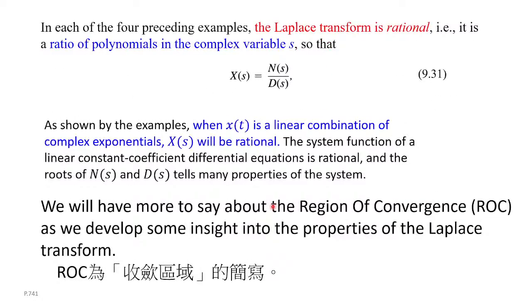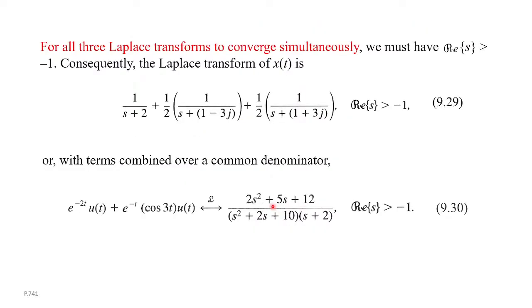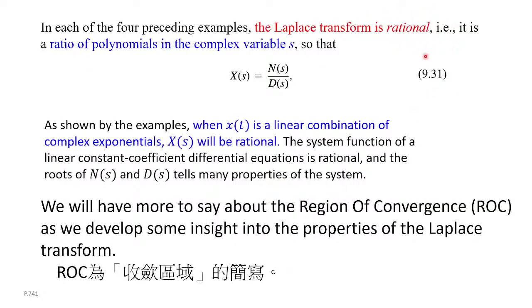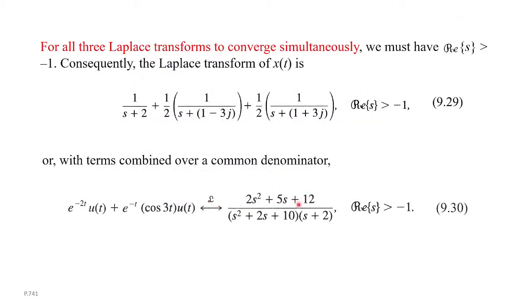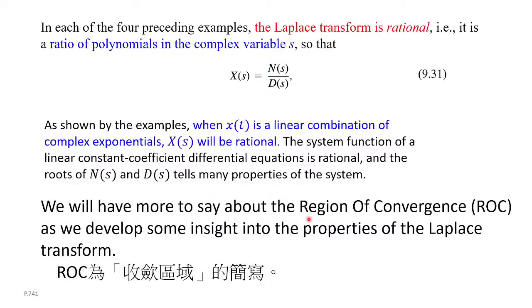Now we can get some conclusions. What we have seen are very special examples of Laplace transform. We always have those rational functions of s, because for example here you see a polynomial in s divided by another polynomial in s. So a polynomial divided by another polynomial is called a rational function.